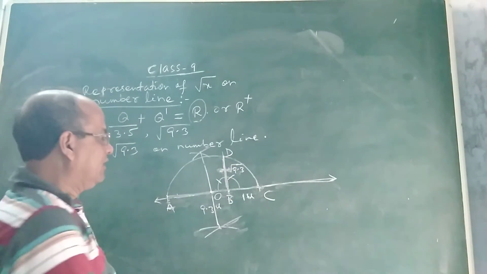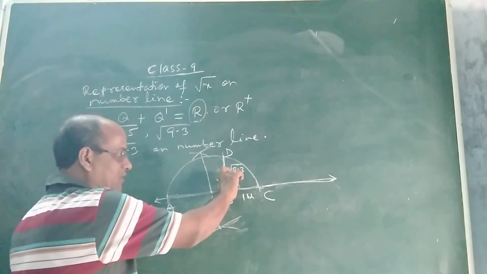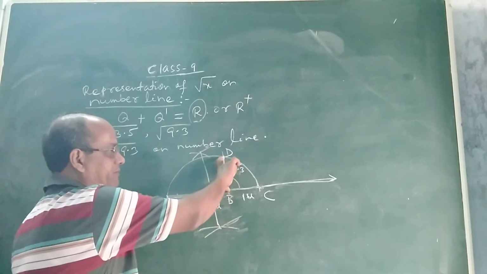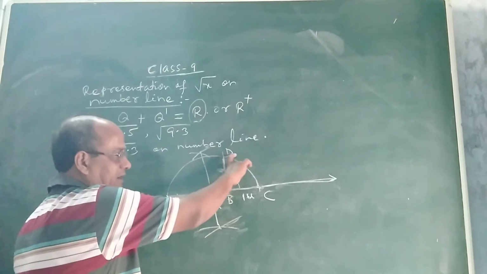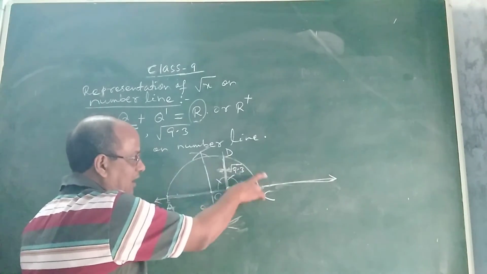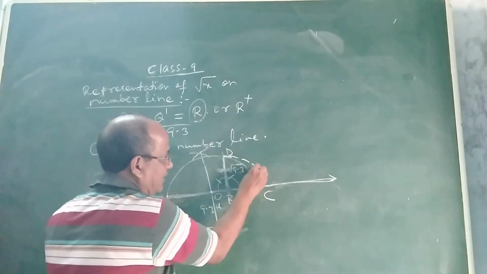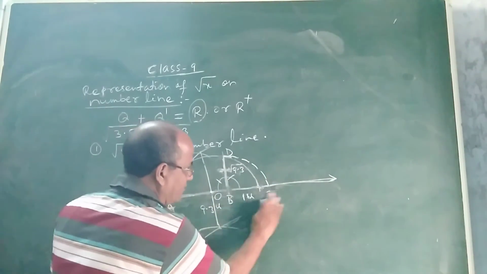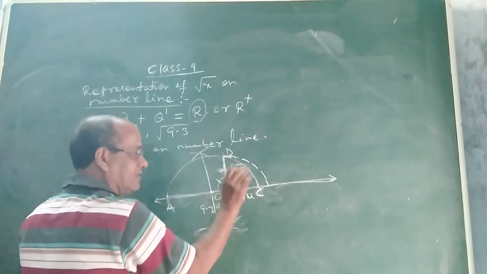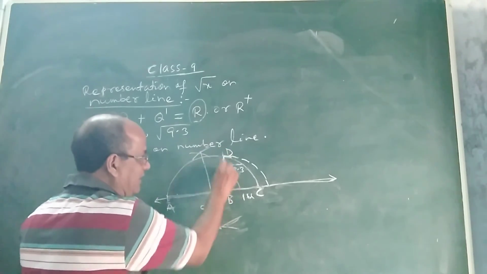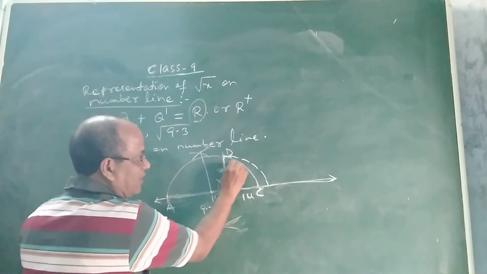Then what you will do? After getting the point D, you put the pointer of the rounder at the point B and measure the line segment BD, whose length is square root of 9.3. Then you draw an arc, by means of dotted lines, taking B as center and BD as the radius, whose length is square root of 9.3.